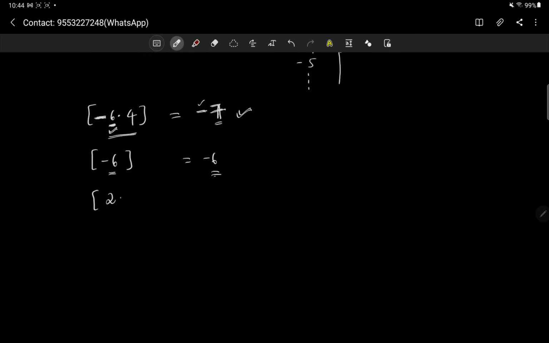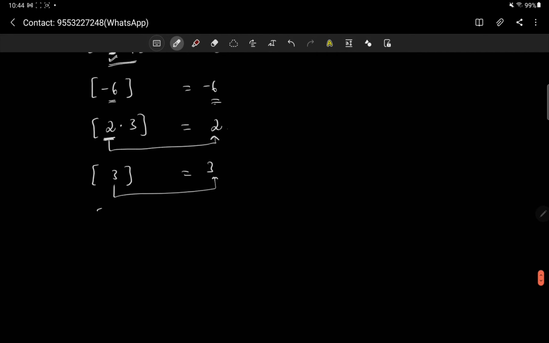In case of positive numbers, you directly write the integer part of the number. The integer part of 2.3 is 2, so you directly write that 2. In case of integers, step of 3, you directly write 3 as the result. Next, step of 0 will give us 0.